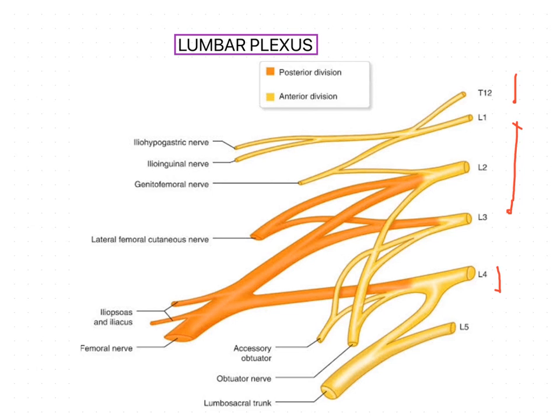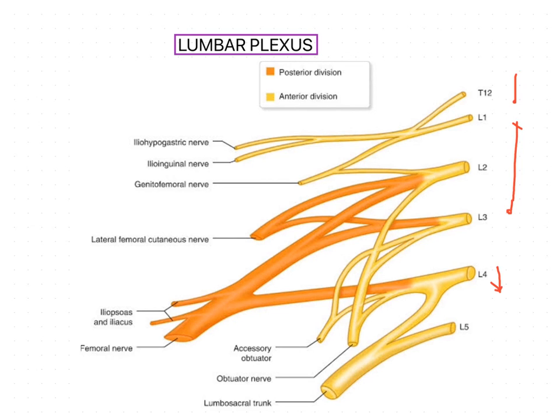So the lumbar plexus is mainly formed by upper three lumbar nerves, that is L1, L2, L3, and major portion of the anterior primary rami of L4, and a small twig of nerve which is coming from T12 is also taking part in the formation of lumbar plexus.